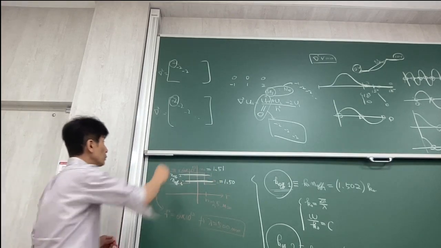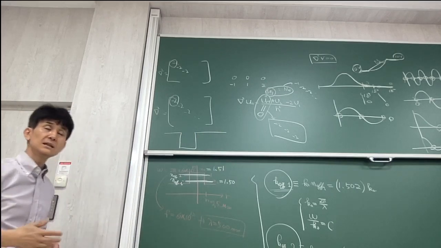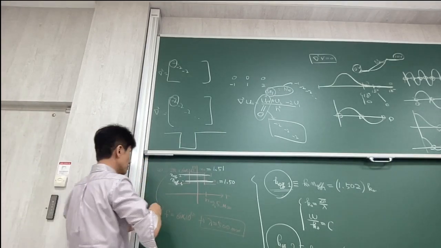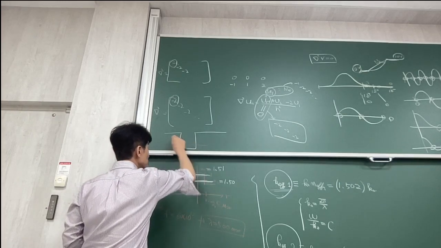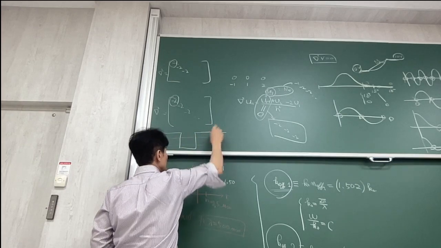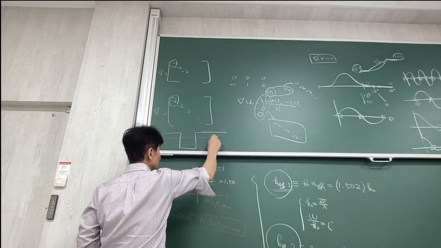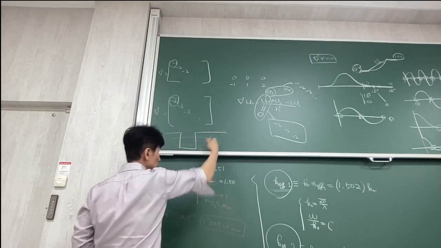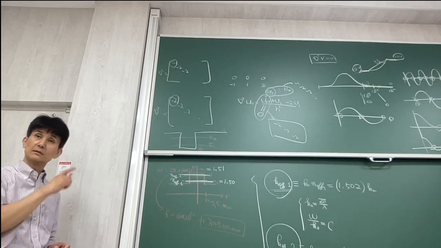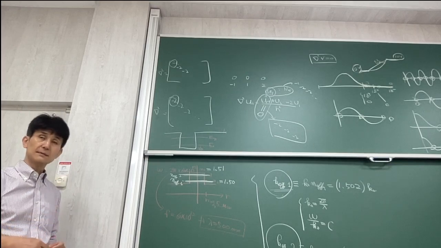When we solve for a physically meaningful bounded state for a step index potential, if this is V0 and V1, energy 1 and energy 2 should be between these two energy levels, V1 and V0, right? To become a bounded state.